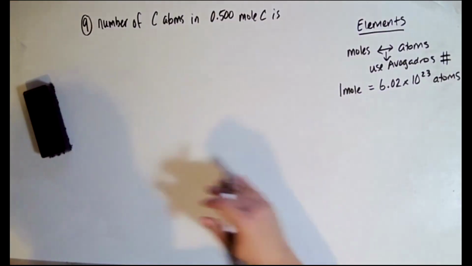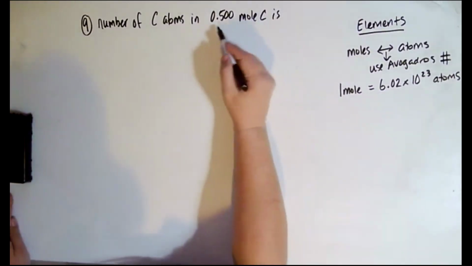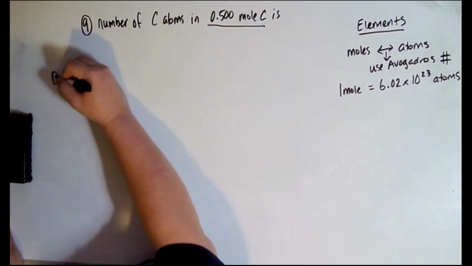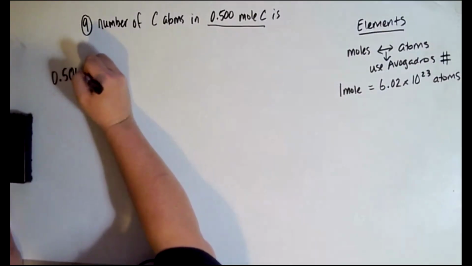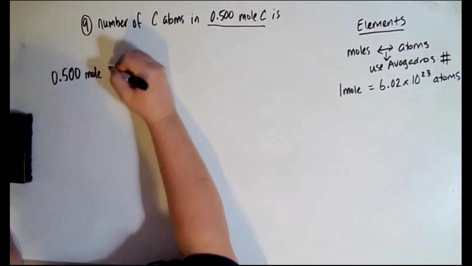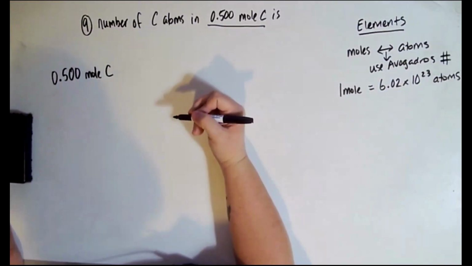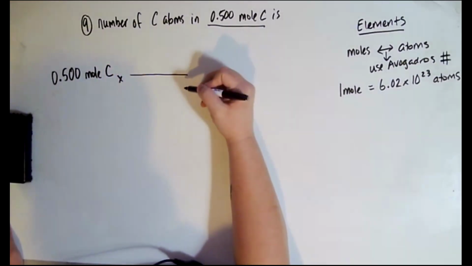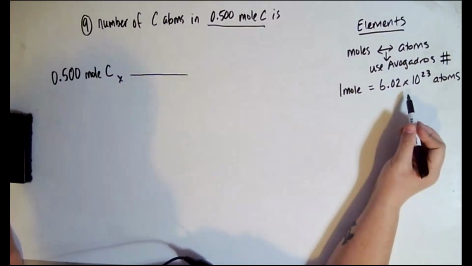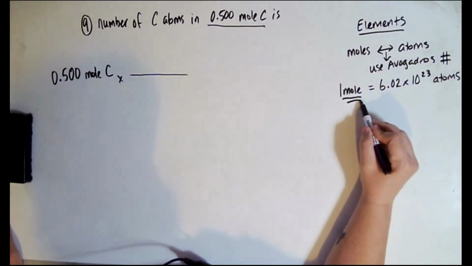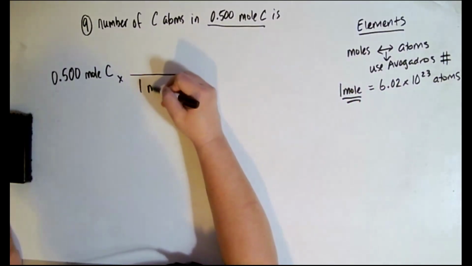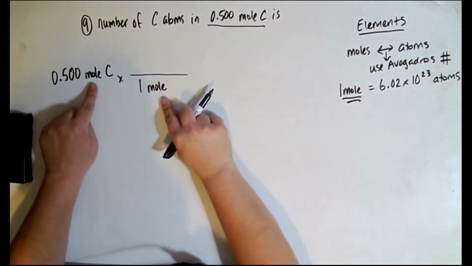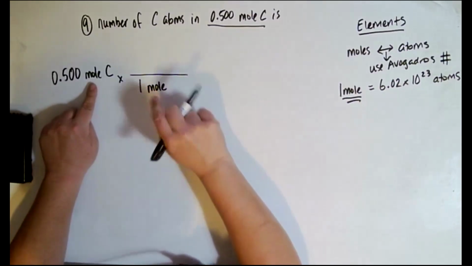All right. So here, they're telling me I have 0.5 moles of carbon. So when I set up my conversion factor, I'm going to base it on this equality. My 1 mole part of it is going to go on the bottom so that it cancels out with my mole unit that I was given originally.